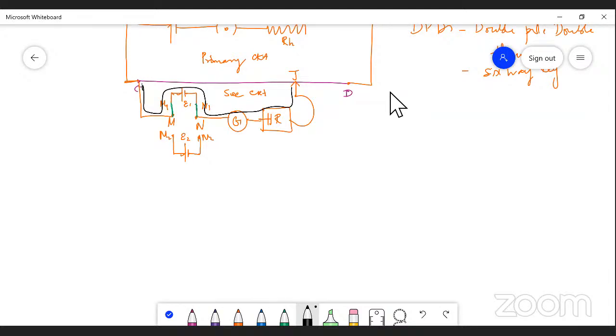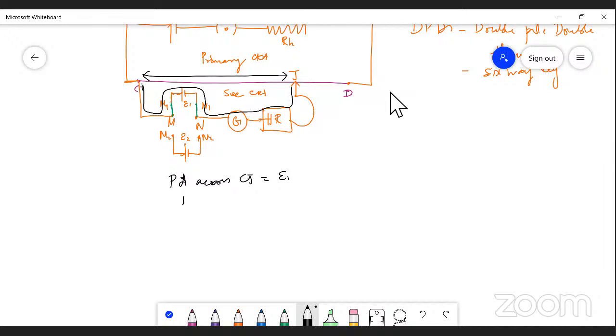Now the jockey is moved over the potentiometer wire. Then at one particular position of the jockey on the potentiometer wire, the galvanometer shows zero deflection, which indicates that the potential difference across CJ is now equal to the EMF of the cell E1.